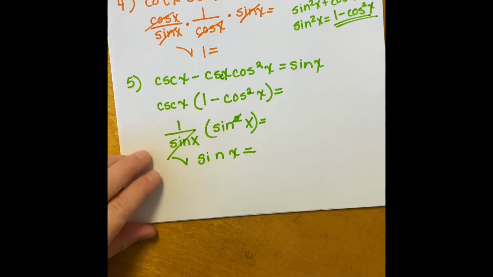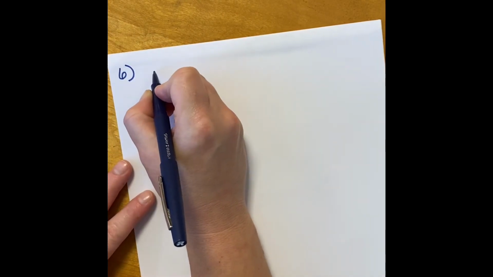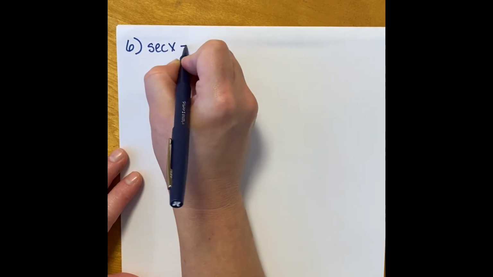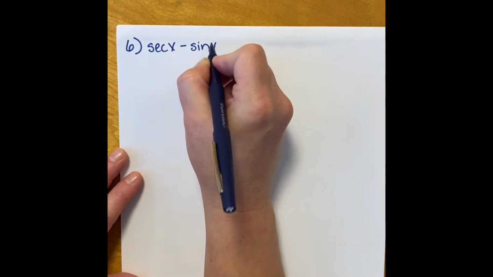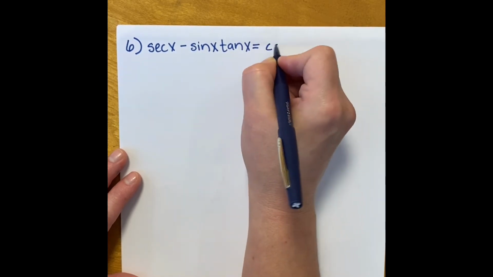Let's continue with the spice. All right, this is going to be number 6. Let's do the secant of x minus the sine of x times the tangent of x equals cosine.